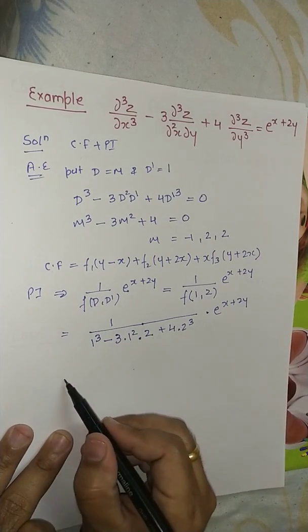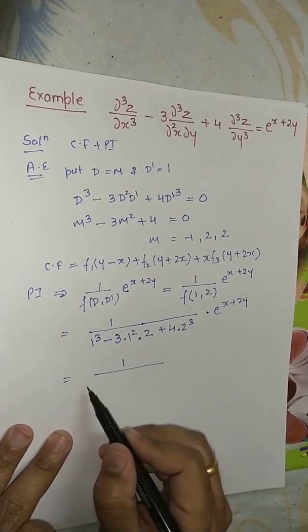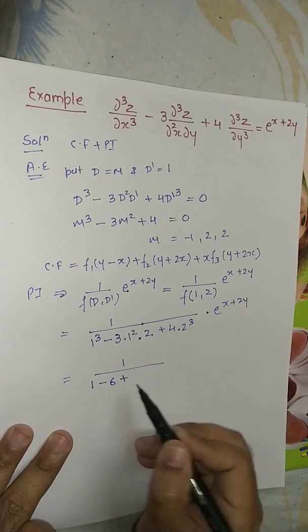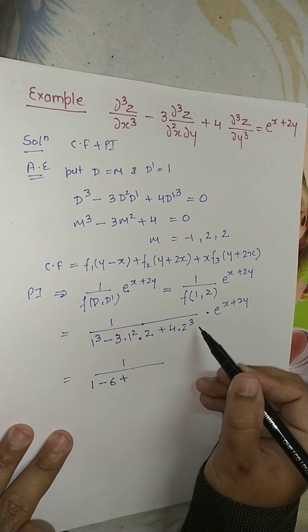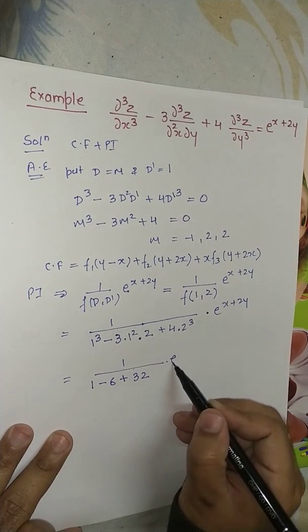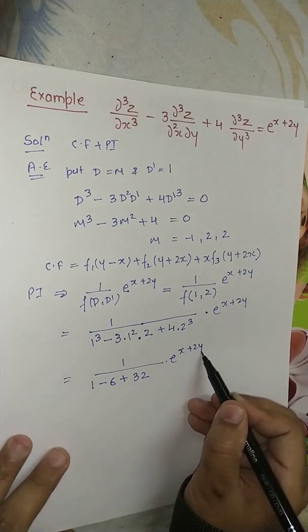We need to solve the denominator, so this is 1 upon 1 minus 6 plus 4 times 8, which is 32, dot e to the power x plus 2y.